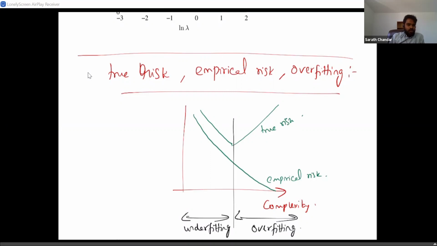Normally you have one specific configuration for the best model. When you are dealing with a model to the left of this, you are underfitting. If you're dealing with something to the right of this, then you're overfitting. Okay, so that is the discussion about empirical risk minimization.